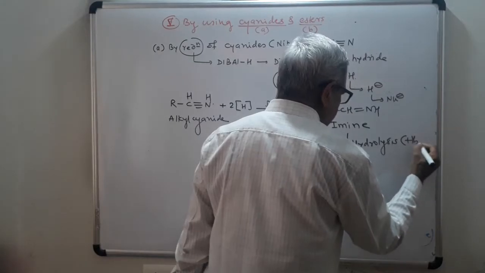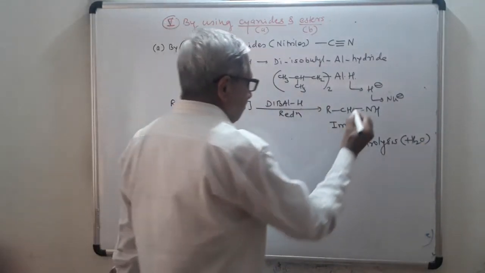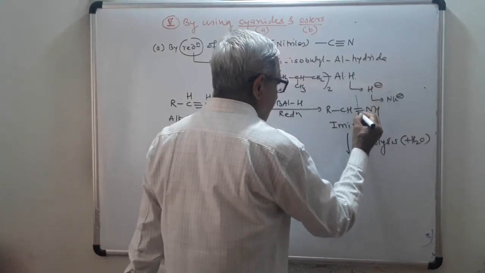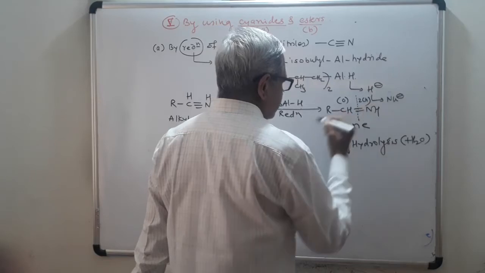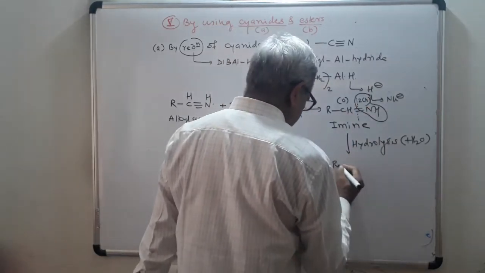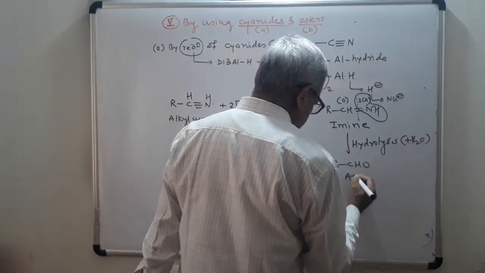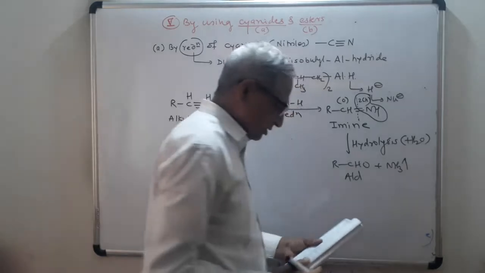Addition of water will take place here. You can add the water molecule, oxygen atom and 2 hydrogen atoms. By using this, ammonia gas will be evolved, and you will get RCHO, that is aldehyde.